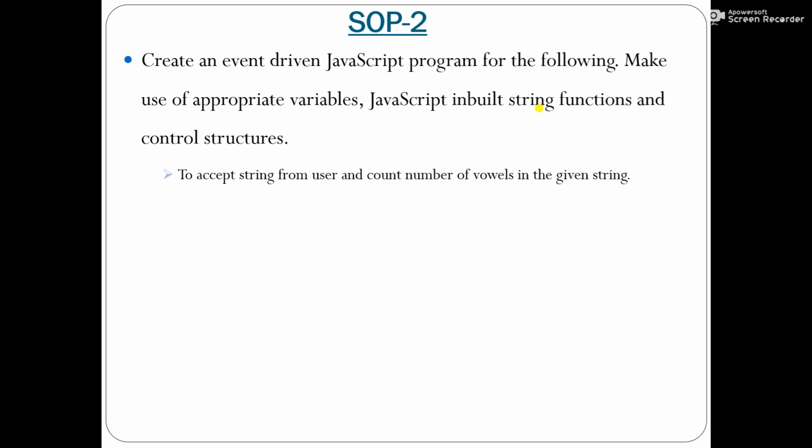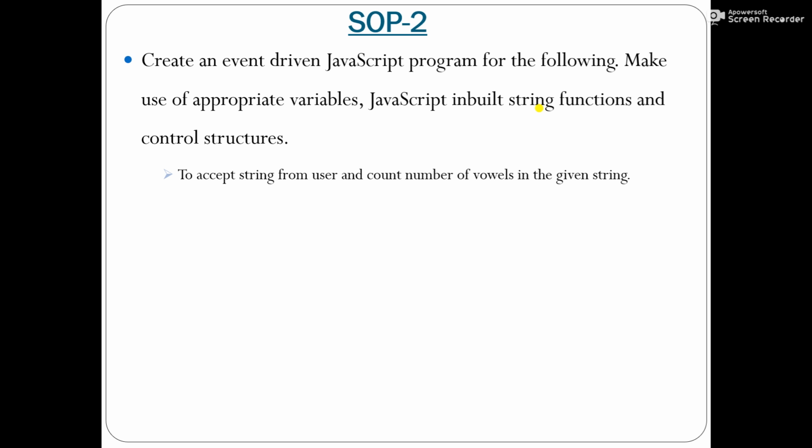What is a function? A function is going to perform some task, right? If it is an inbuilt function, whatever task it has to perform is already defined by JavaScript. That is why it is called an inbuilt string function. If I want to use any inbuilt function, do I need to define it? No, it is already defined.